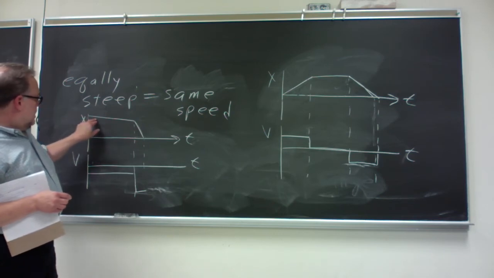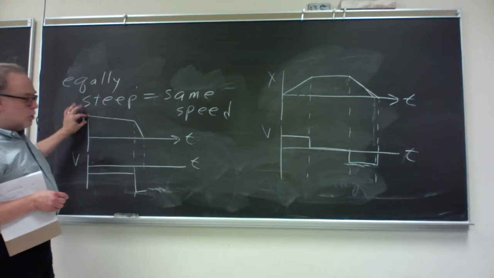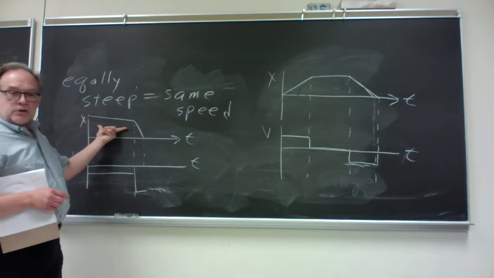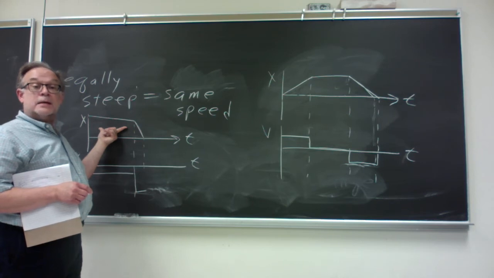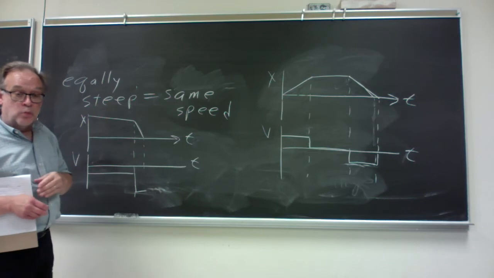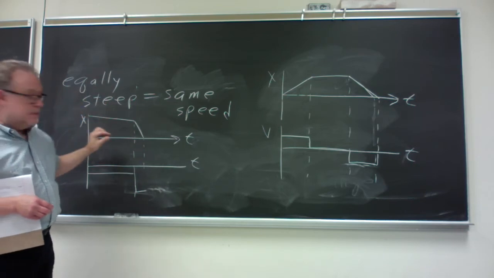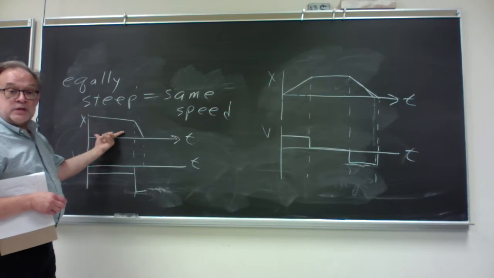In this case, the change in the vertical variable was small and the change in the horizontal variable was big. If you think of slope as rise over run, the rise was small, the run was big.